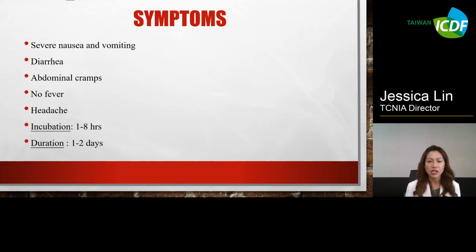The incubation time for Staphylococcus aureus is typically 1 to 8 hours, and the time required for you to fully recover is 1 to 2 days. So usually the entire food poisoning episode can last 1 to 2 days until you're fully recovered.